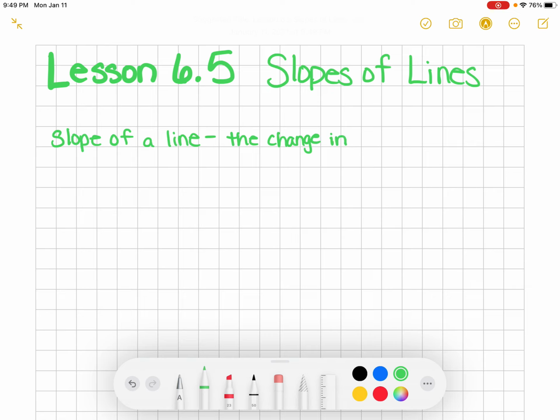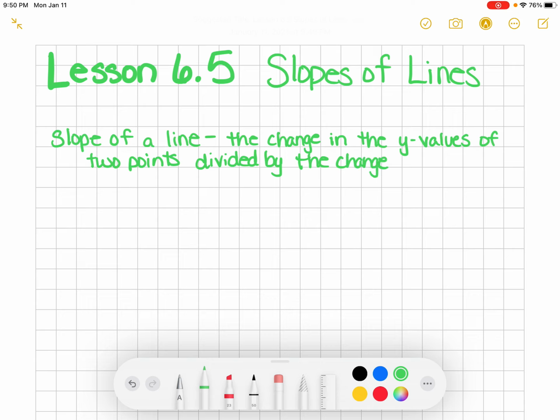The change in the y values, and we're going to talk a little bit about what this means once we get it written down. The y values of 2 points divided by the change.